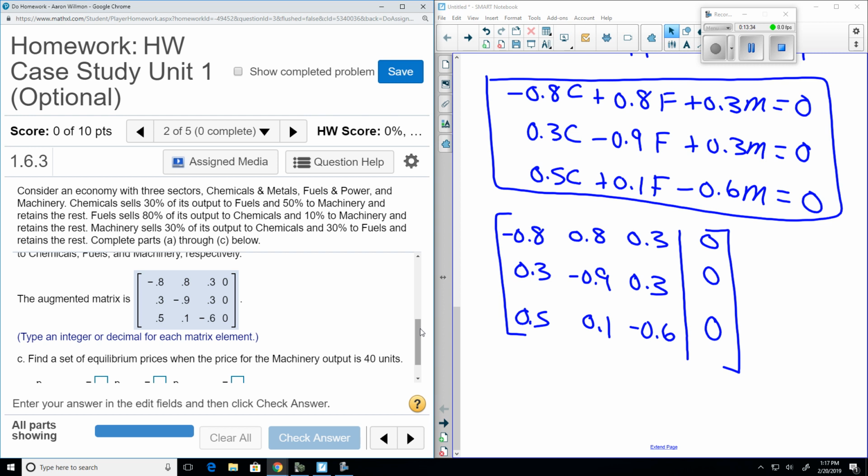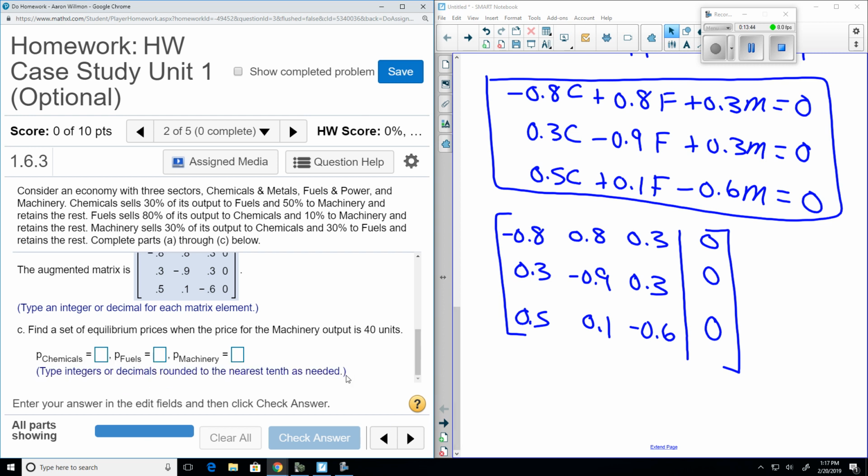Once you have a system in a matrix, you can put it in the calculator, row reduce it, and find the solutions. So it says we're going to solve it to find these prices. So P chemicals, P fuels, and P machinery, that's going to be our C, F, and M. Okay.